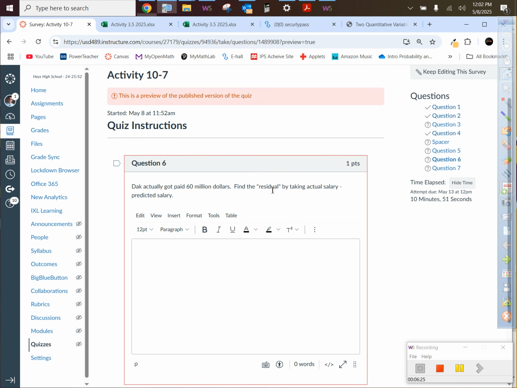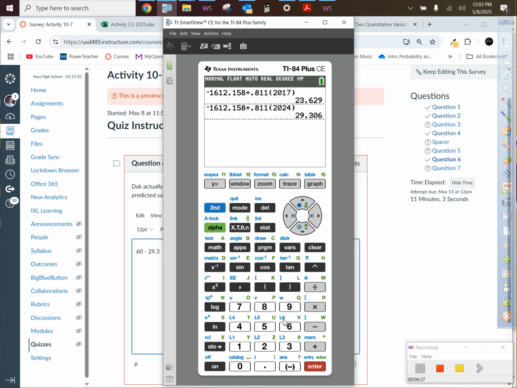To find the residual, we will take the actual salary, which again is 60, minus the predicted salary of 29.3, and we'll see what that is, right? 60 minus 29.3, and man, was that formula off, right? It was off by $30.7 million.